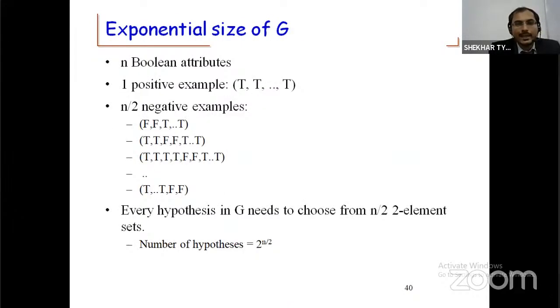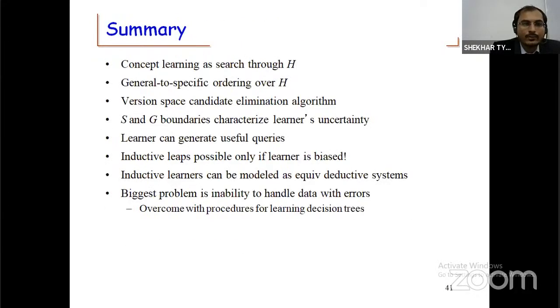There is an exponential size of G that we have to take care of. As a last summary: concept learning, search through H, general to specific ordering, version space candidate elimination algorithms, and inductive bias, where it is possible or not possible. The biggest problem is the inability to handle noisy data, which can produce errors, and which can be overcome with procedures for learning decision trees.